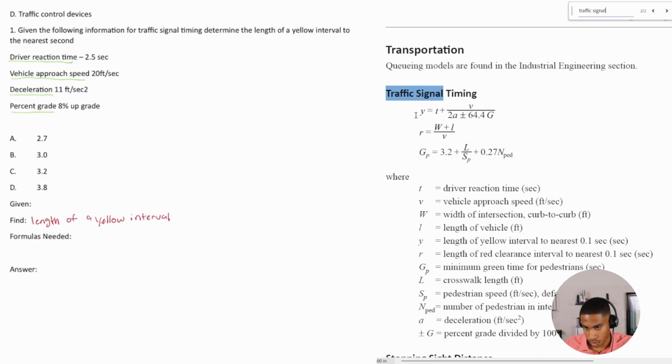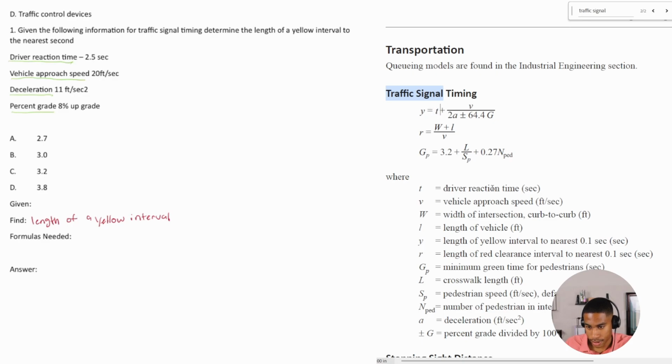Okay, so Y is equal to the length of yellow interval, to the nearest second. Cool. So we're looking for Y. That's what we're trying to find. Do we have t?